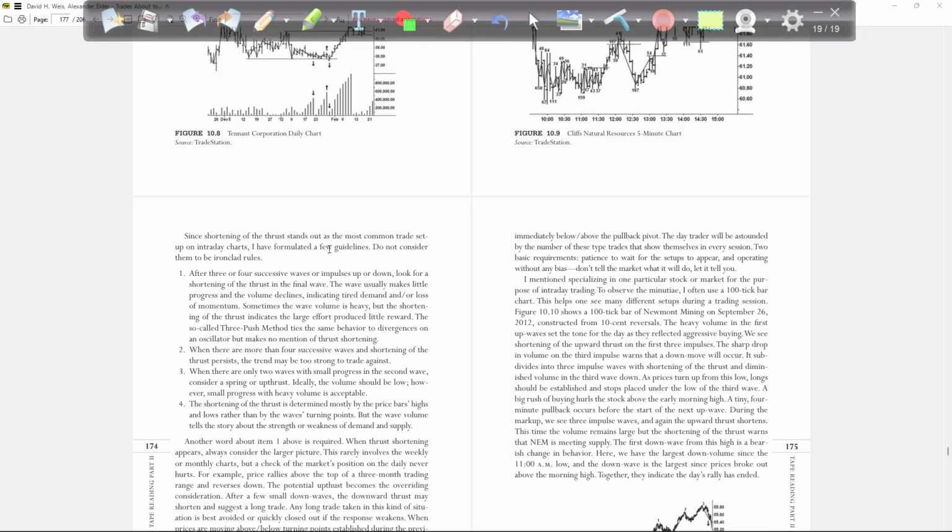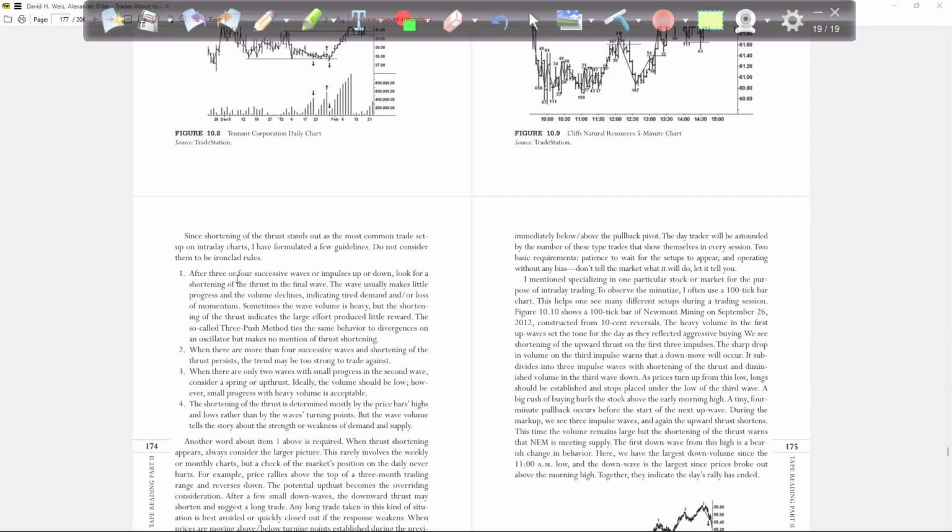All right. Since shortening of the thrust stands out as the most common trade setup on the intraday charts, I have formulated a few guidelines. Do not consider them to be ironclad rules. We can include our own rules basically, but it should have context. Now after 3 or 4 successive waves or impulses up or down, look for a shortening of the thrust in the final wave.